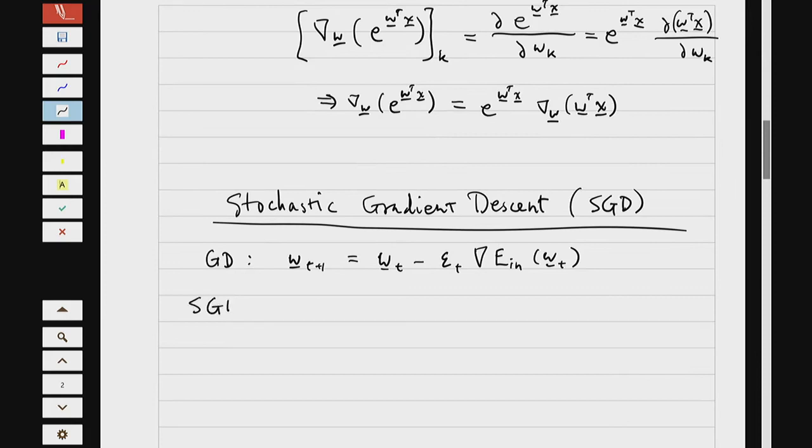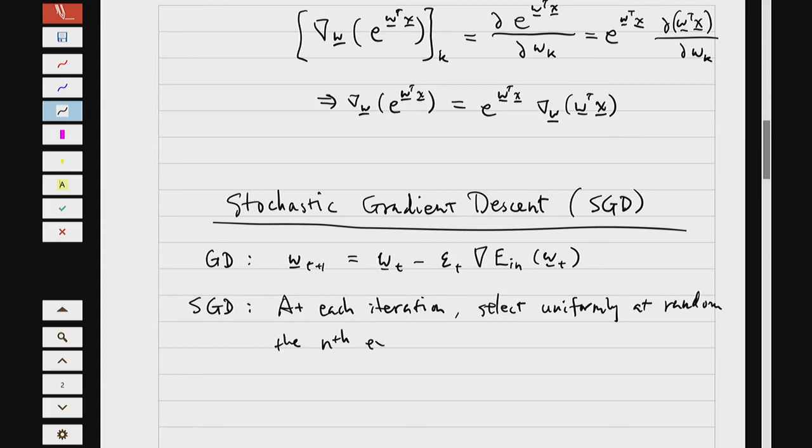In stochastic gradient descent, you don't take all of the samples, you just take one sample. You randomly choose one sample, okay? That's why it's random gradient descent or stochastic gradient descent. So at each iteration, just select, let's say, uniformly at random, let's say the nth example that you have among your data set.